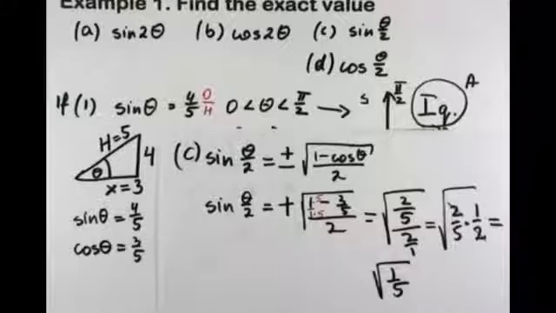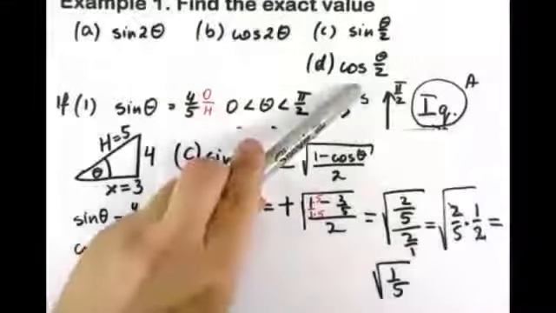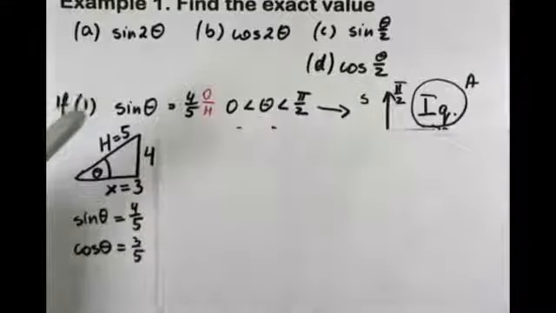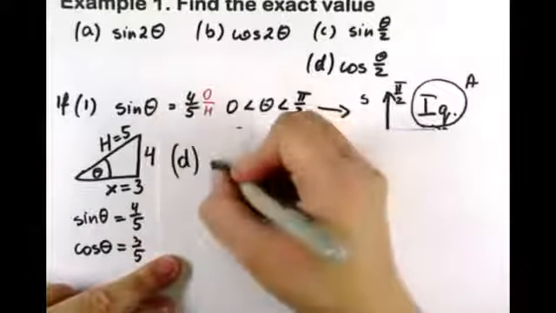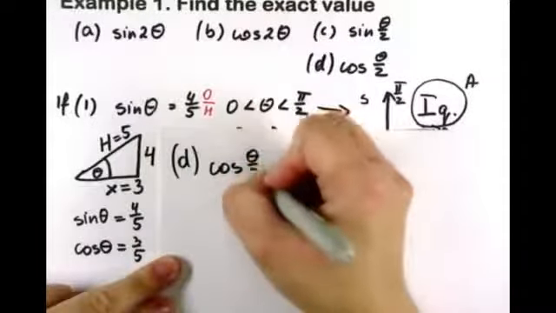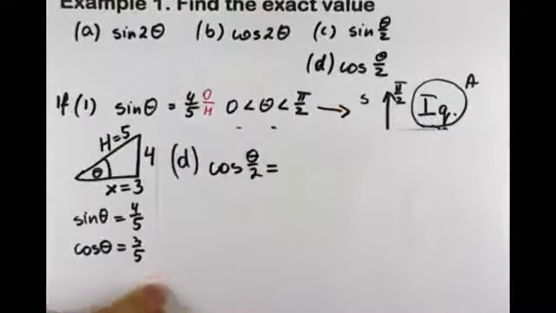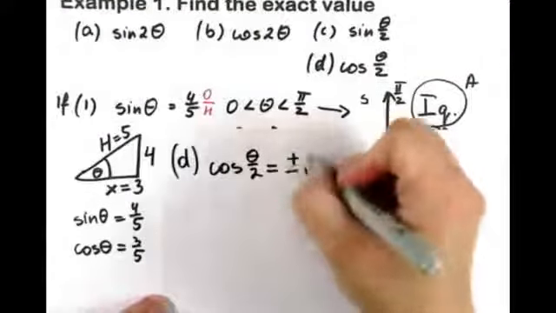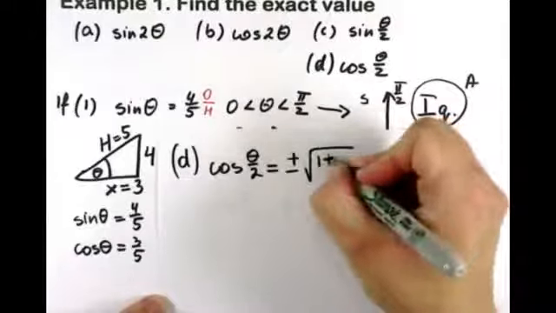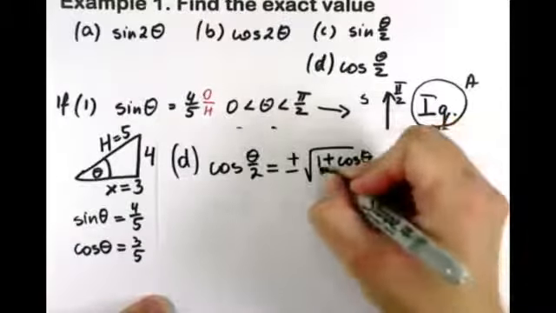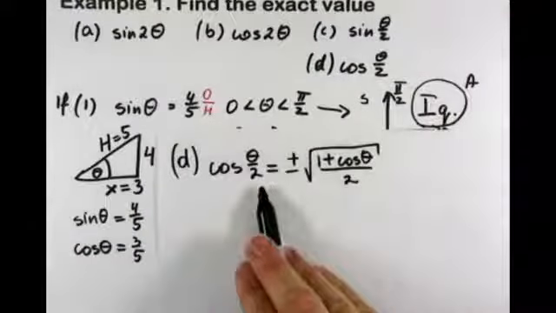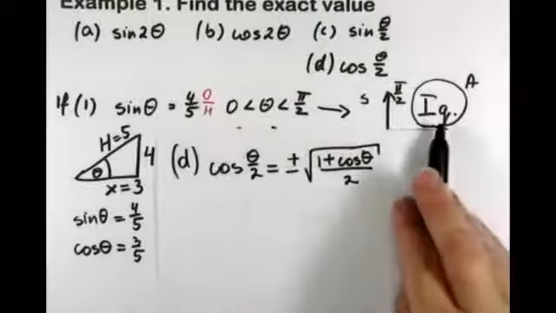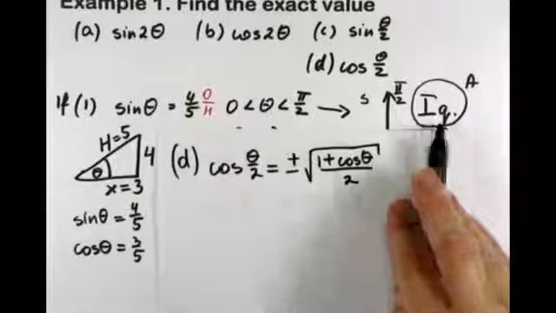And now we have cos of half of theta, D. We need to do D. So we have D, cos theta over 2, half theta. I'm using the formula plus or minus square root of 1 plus cos theta over 2. Half theta is in the first quadrant because theta is in the first quadrant, so we will have plus.